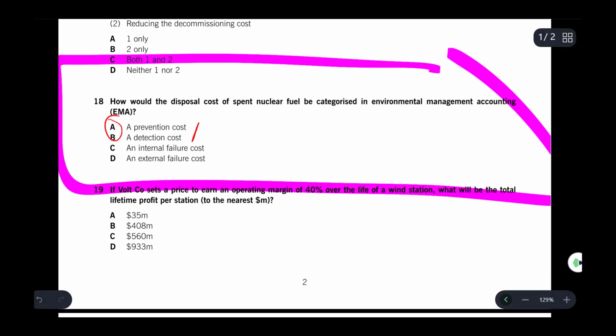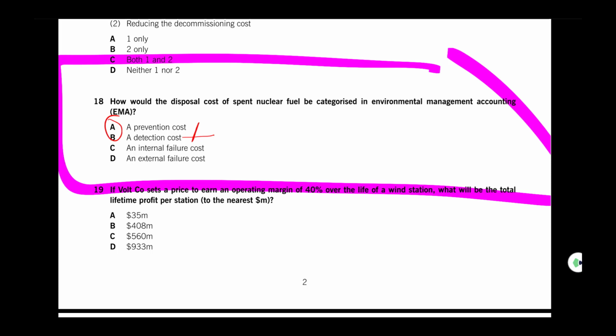And those are the costs associated with avoiding waste, with avoiding pollution, with avoiding any harm to the environment. Prevention costs, that would be any kind of an installation of any kind of new waste management devices, scrubbers, anything like that. Detection cost would have to be anything about monitoring, any kind of a cost related to monitoring the environment or any stage of production.